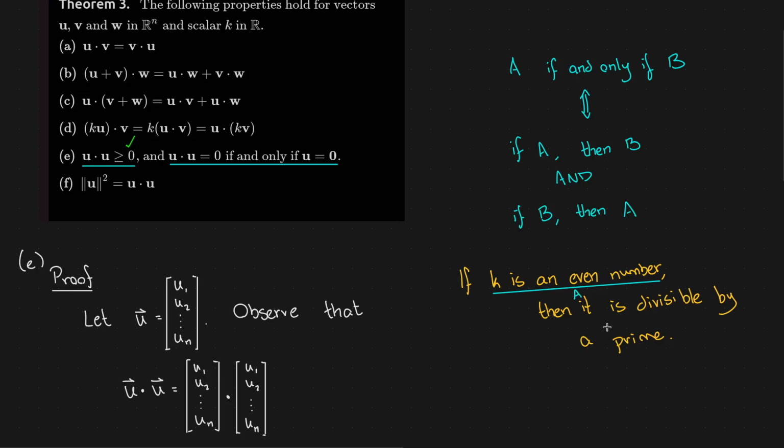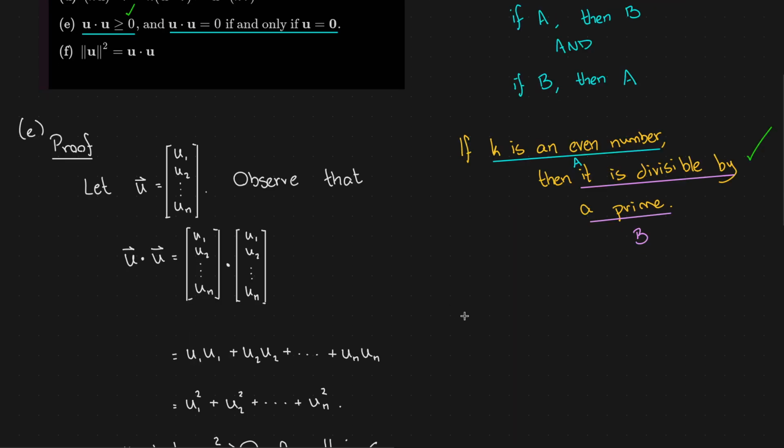Then it is divisible by a prime, that's my B. So if A, then B. And we can see that's true, right? Because if K is an even number, well, every even number is divisible by 2. That's what it means to be an even number. And 2 is a prime. So every even number is divisible by a prime. Great. That checks out.